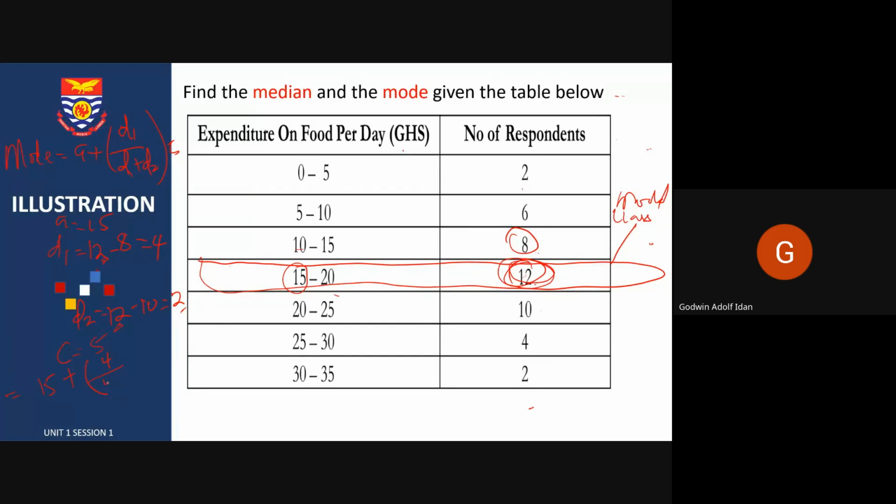So you're going to have 4 plus 2, multiplying 5. And so when you simplify, you're going to have 4 divided by 6 times 5 plus 15. What do we get? 4 divided by 6 is 2 over 3.